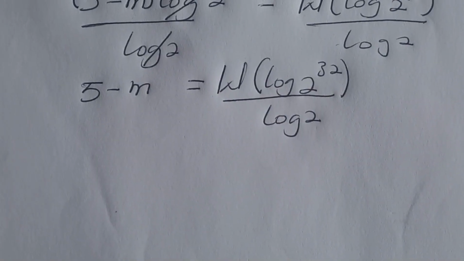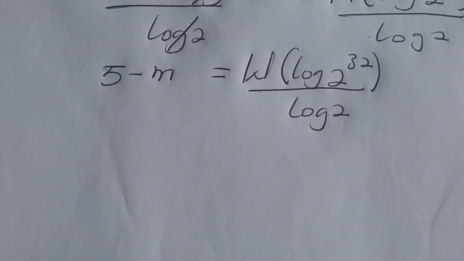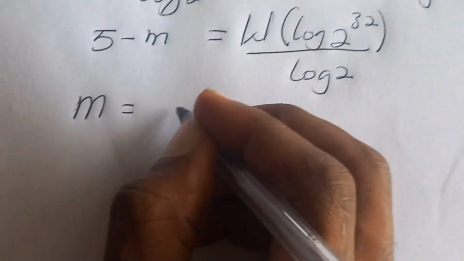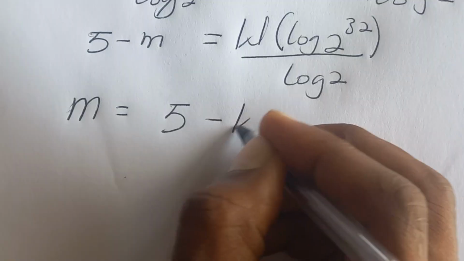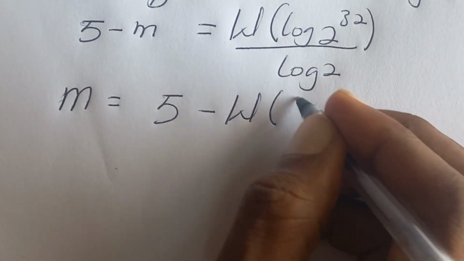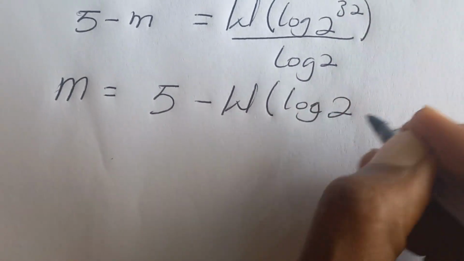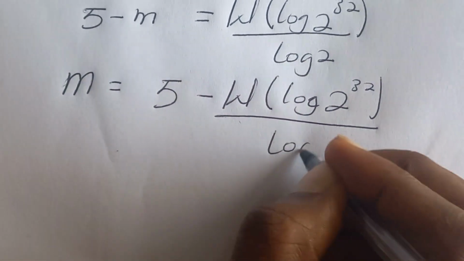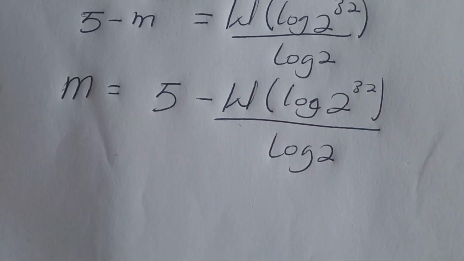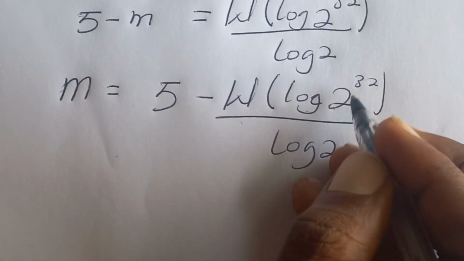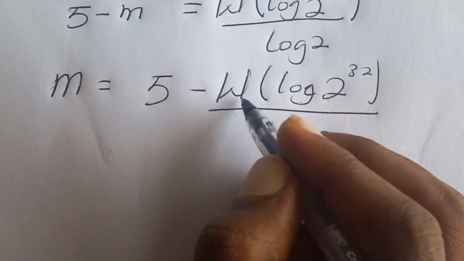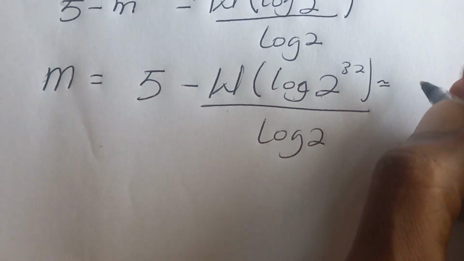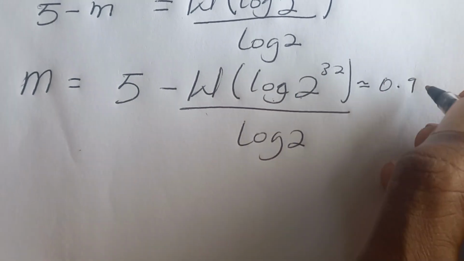Now with this we can say that our m is equal to 5 minus the Lambert function of log 2 exponent 32 all over log 2. Okay, and the Lambert function of log 2 exponent 32 is approximately 0.99.